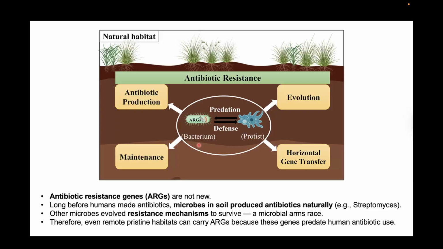So in a natural habitat, if there is a bacterium and there is a protist which consumes the bacteria for food, which eats up the bacteria, this is called predation. The protist will try to eat the bacteria, this act of predation, but the bacteria will try to resist this in an act of defense. Bacteria can do this by producing antibiotics, while the protist can evolve further to cancel out the antibiotics present in the bacteria, and also horizontally transfer these genes across the population to evolve.